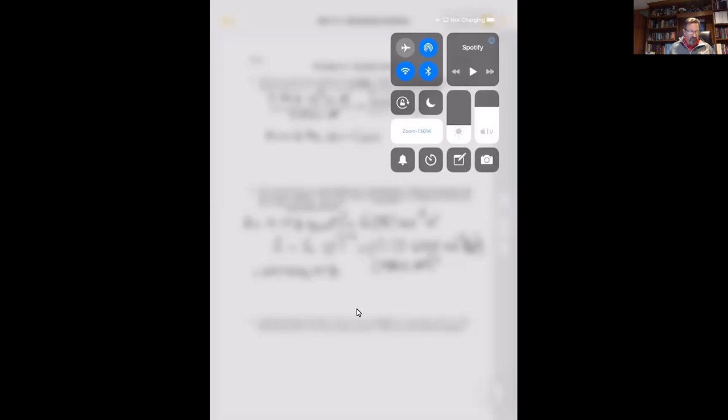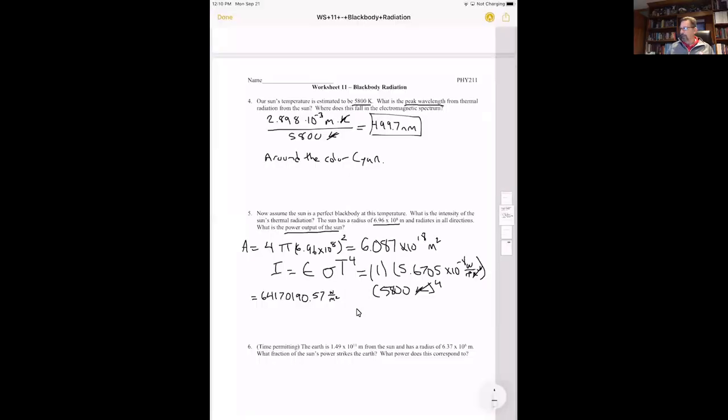What number did you get for the intensity, and then what number did you get for the power? 6.4 times 10 to the 7th for the intensity. Okay, let me count: 1, 2, 3, 6, 7. Yep, that's a good number for intensity.